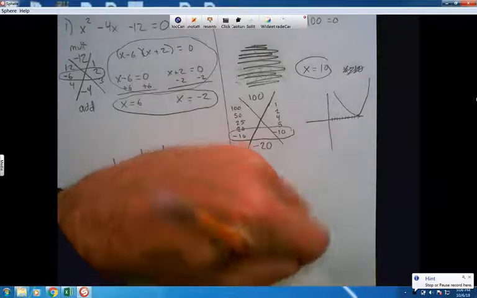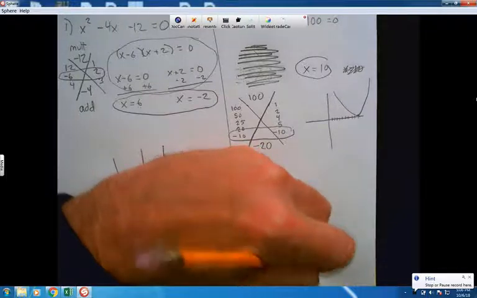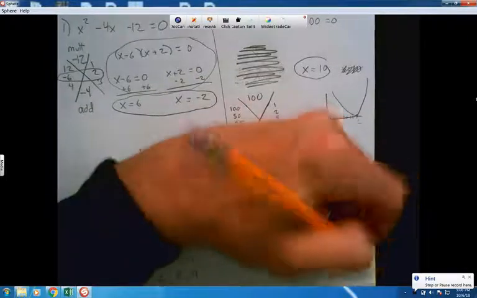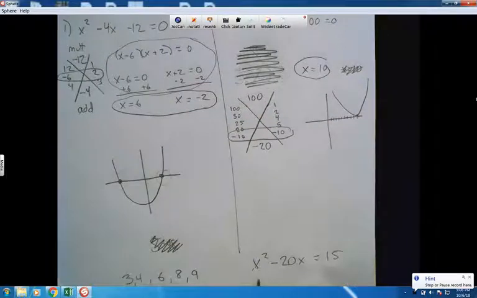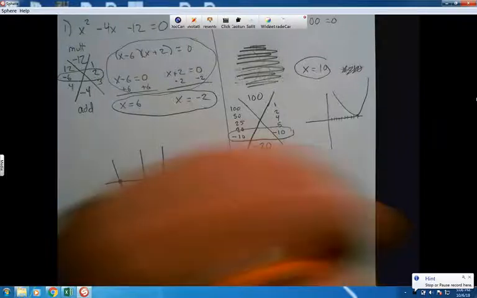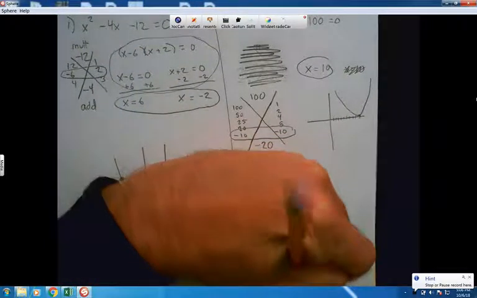I'll just make up something right now. Like, what if you saw something like x squared minus 20x equals 15? What would you do with that? Well, before you made your x, you would want to get it equal to 0. So you would, in this case, what, circle 15, right?